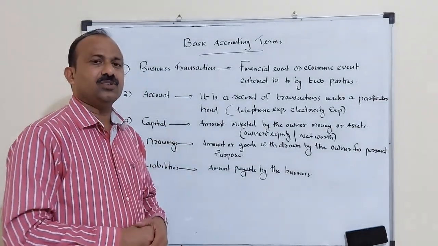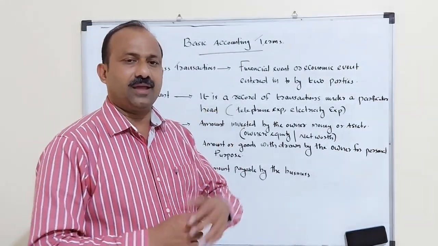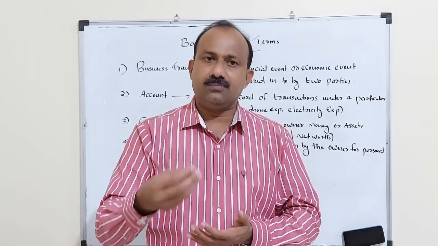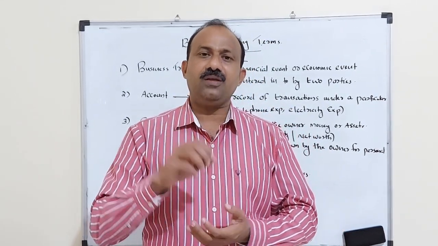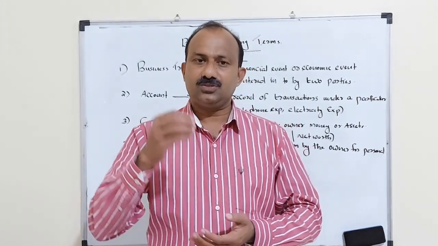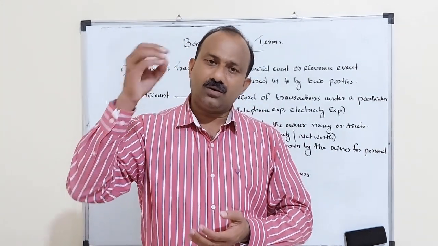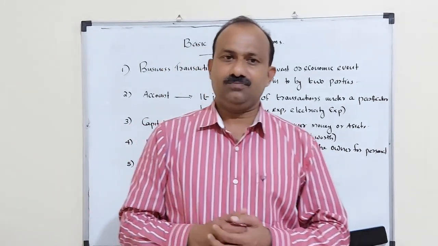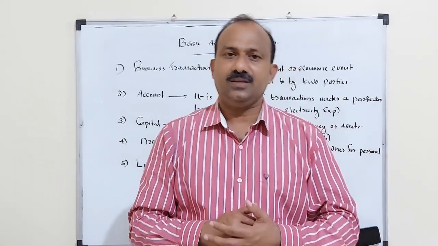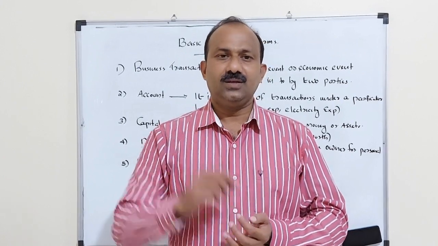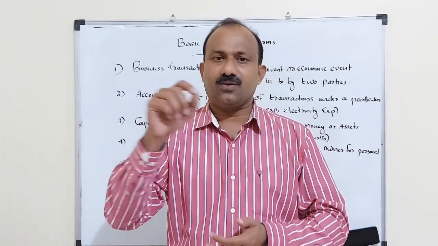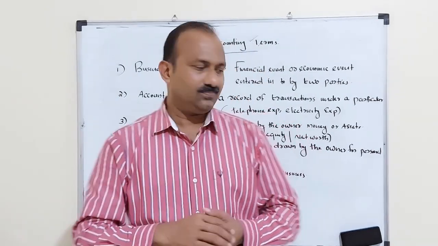Then the third one is capital. What do you mean by the term capital? We know that in order to start a business, we need money. The money should be contributed by the owner. So the amount or goods or any asset which is contributed by the owner to start a particular business is known as capital. This can be called owner's equity or otherwise net worth.